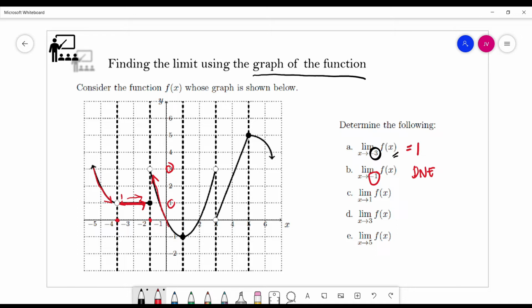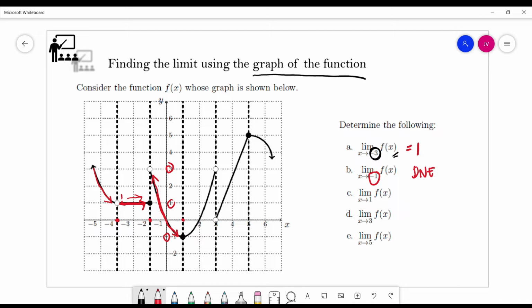Now, let's have the next example. Limit of f of x as x approaches 1. So, ang 1 natin ay this one. And as the value of your x approaches 1, the value of your f of x approaches -1.